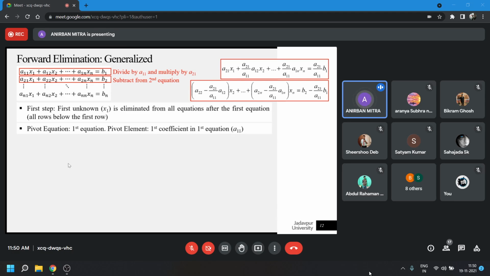One thing that you should notice here is that in the second equation, when you have subtracted it, the x1 term has not been mentioned because that is obviously going to 0. This coefficient is going to 0. Remember what we discussed in the 3x3 situation. So that equates to 0, and that's why x1 has been totally dropped. We start from x2.